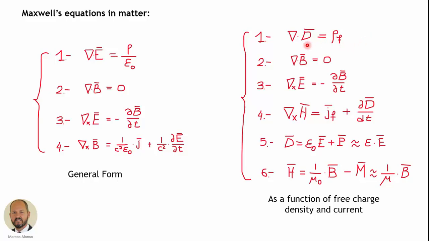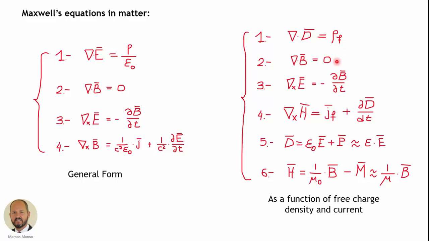But if we know the differential form, we can think about the integral form very easily, because here, for example, we have that the divergence of D is equal to the charge density of free charges. So if we apply the Gauss theorem, then we can say that the flux of D through any closed surface is going to be equal to the total free charge inside the volume of this surface.